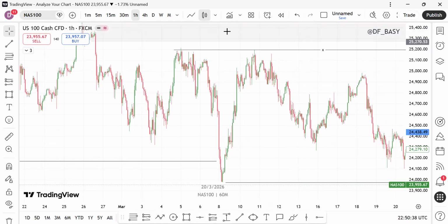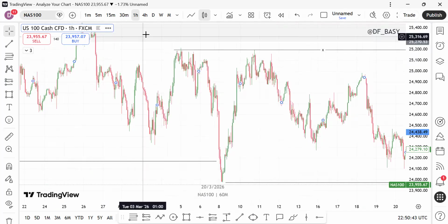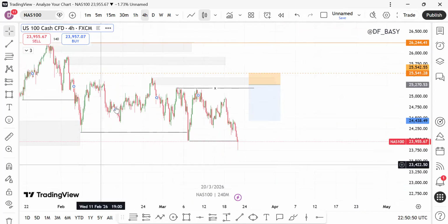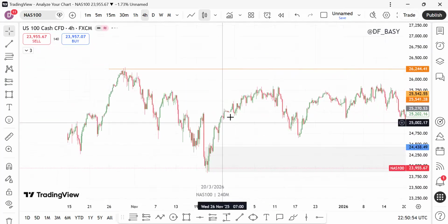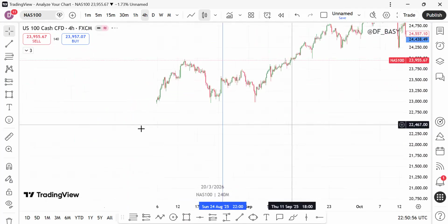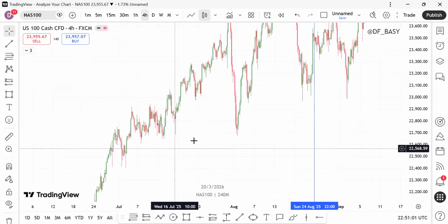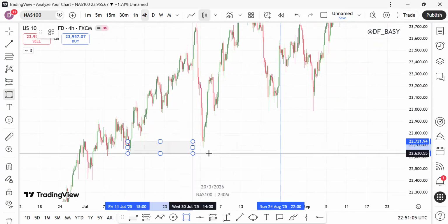If you go to the 4 hours, you can see that the structures here are very clean. This is the 4 hours. You can see the structures are very clean. Then if you want to go back to past data, you should also try and backtest this. You can see how it's showing you clean order blocks you could buy from in a bullish market.